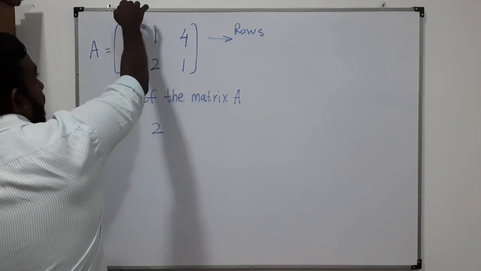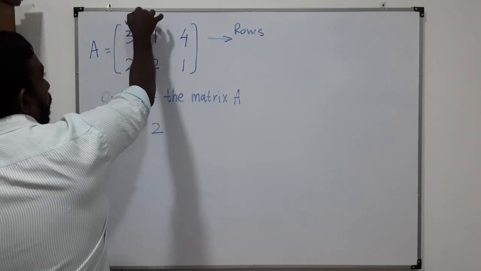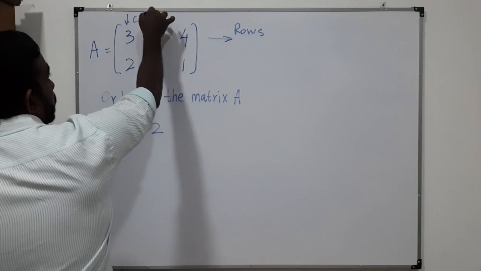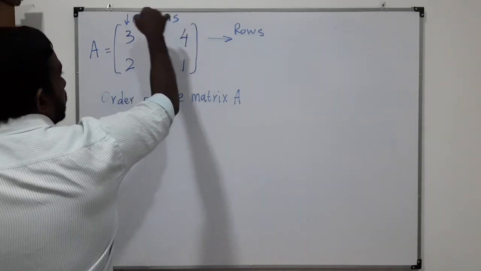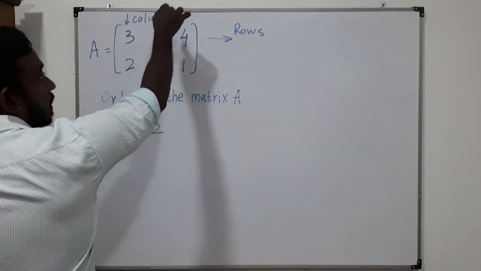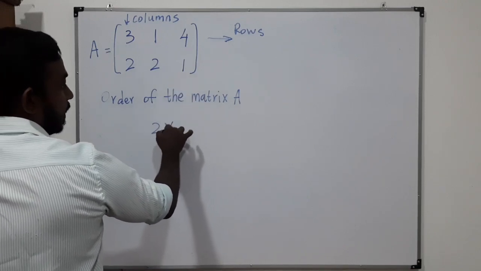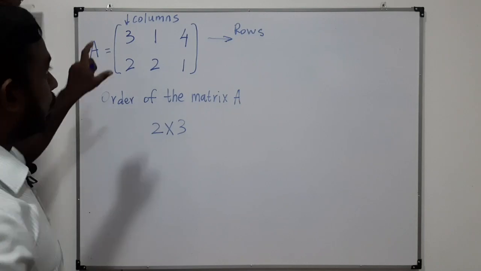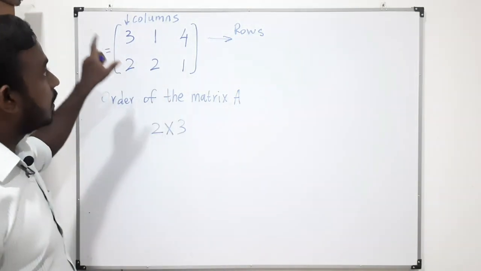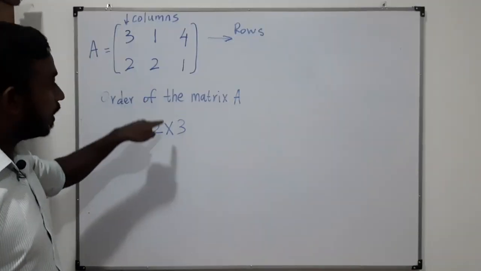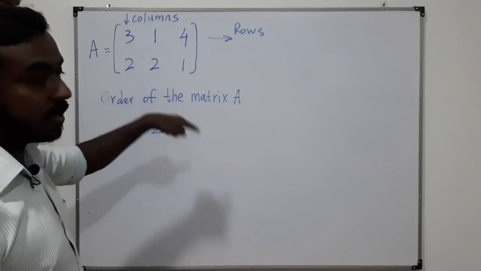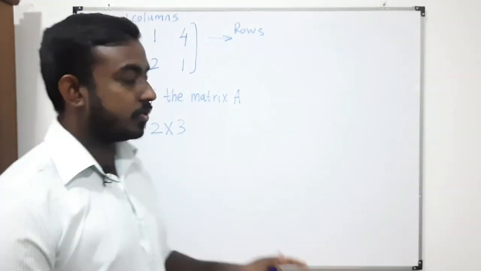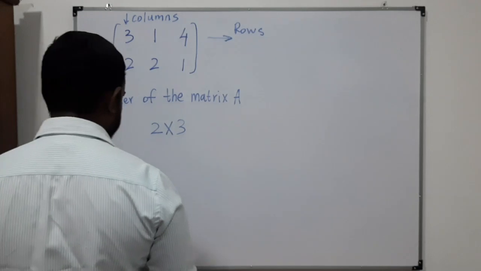These are known as columns. As there are 3 columns, with a multiplication mark, I can write 3. So order of a matrix means we write down, with a multiplication mark, rows and columns in order. Rows and columns. Okay, let us see another example.